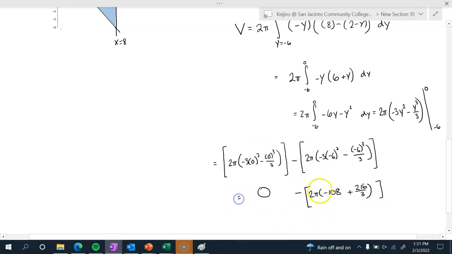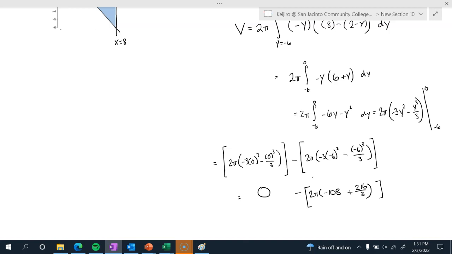So through this sort of convoluted series of signs, let's see if I wrote 324 thirds. Okay, so negative 324 thirds plus 216 thirds.